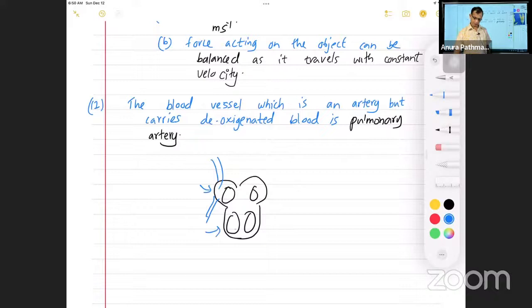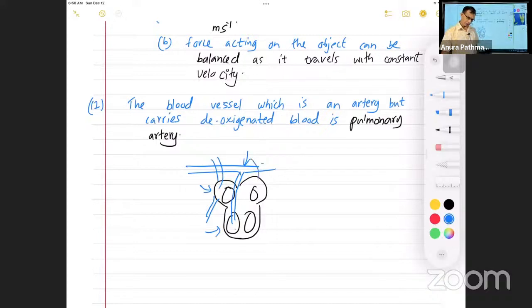The blood vessels going away from the right ventricle to the lungs are called arteries, but this artery carries deoxygenated blood to the lungs.